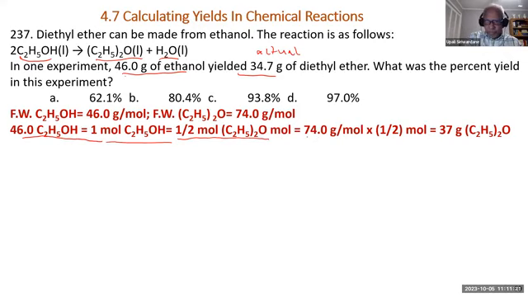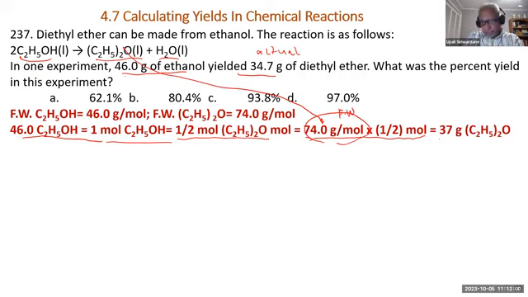Therefore, number of moles is this multiplied by 74, the formula weight of diethyl ether. This 74 is the formula weight.